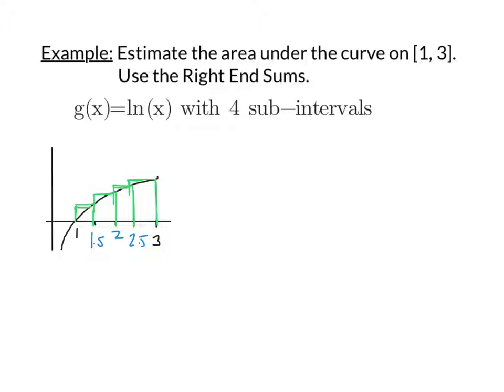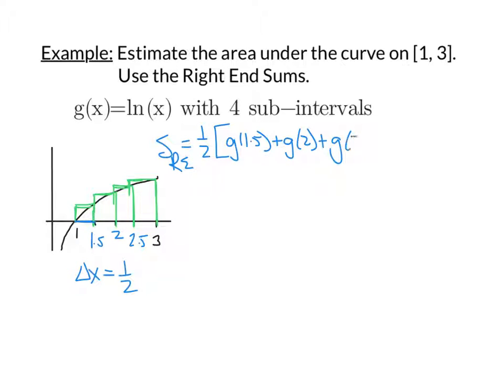So my delta x, the base of each rectangle, is again a half. So the sum of all the right ends is going to be 1/2 times. And this time we start with g at the right end of our first interval at 1.5. And continue to 2 and 2.5 and finish up at the right side of our last rectangle, g of 3.